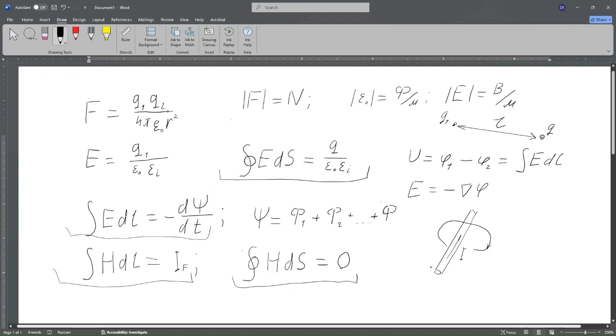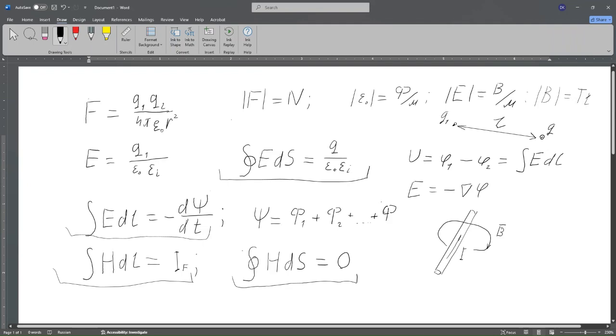We can describe the field as B. B is measured in Tesla, TL.